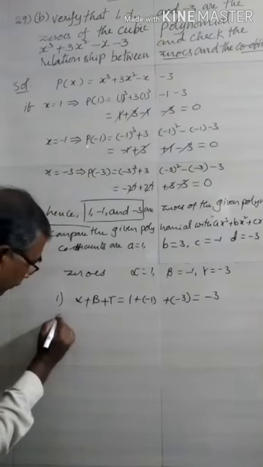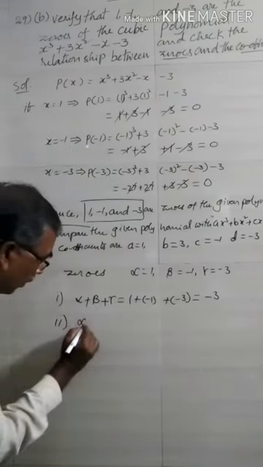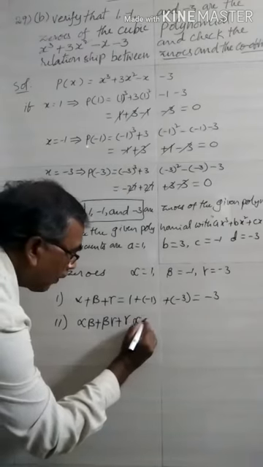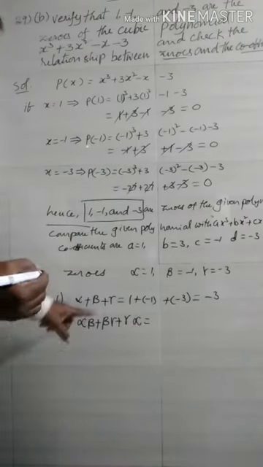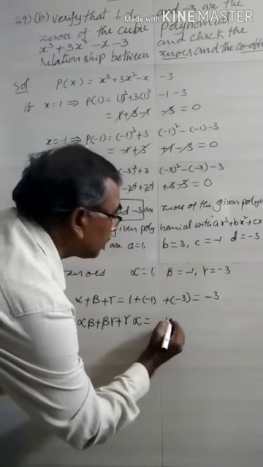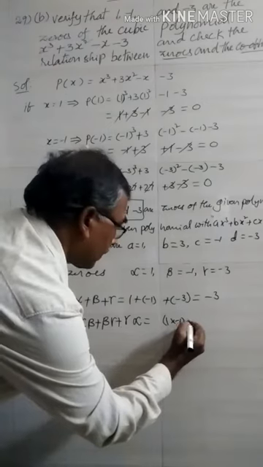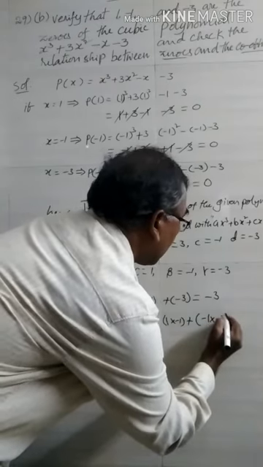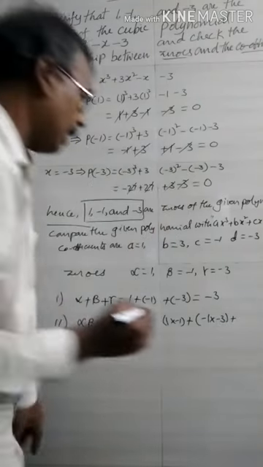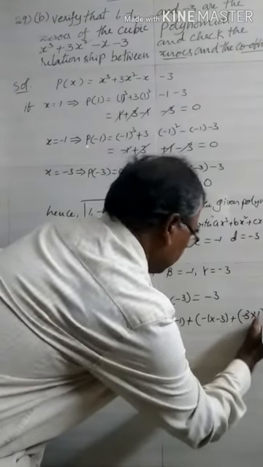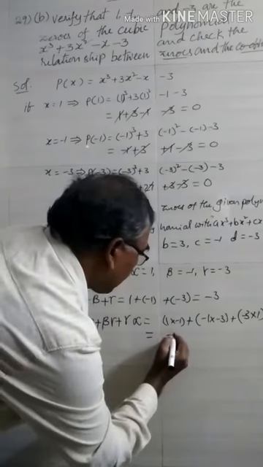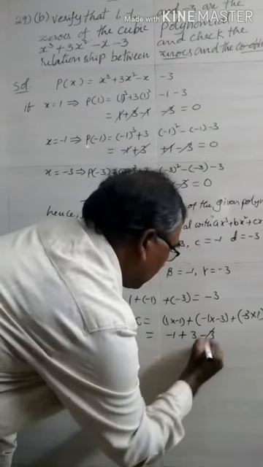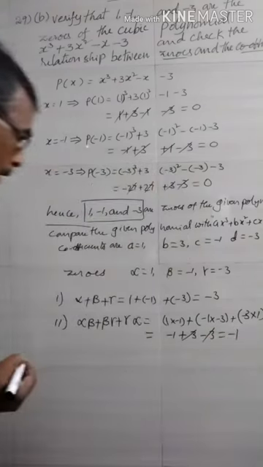Next, the second one, alpha beta plus beta gamma plus gamma alpha is equal to alpha into beta, 1 into -1, plus beta into gamma, -1 into -3, plus gamma into alpha, -3 into 1, that is -1 plus 3 -3. What you get? -1.